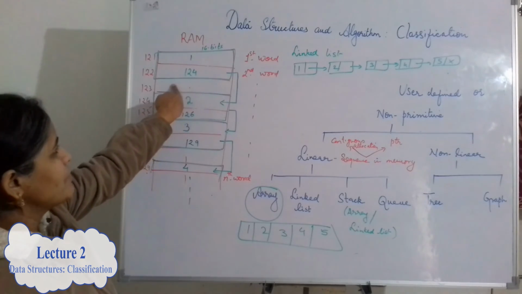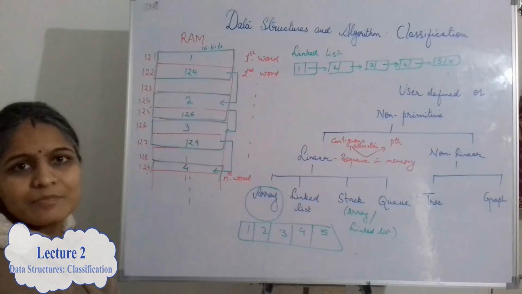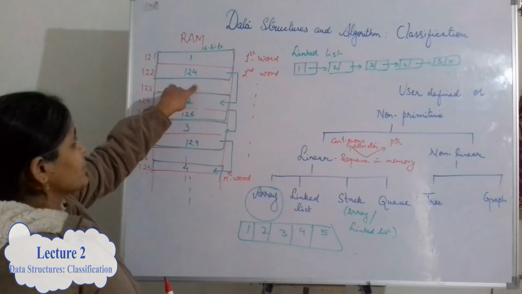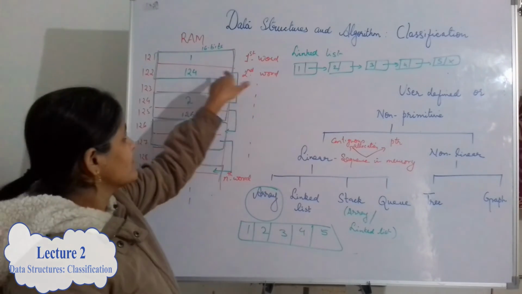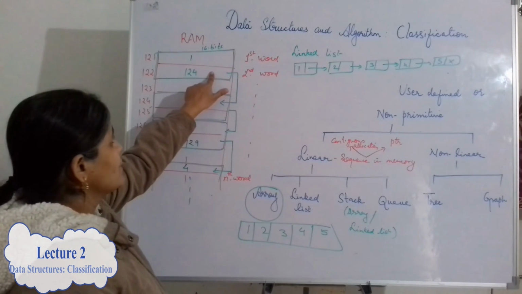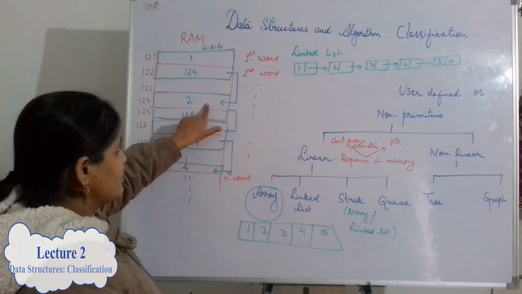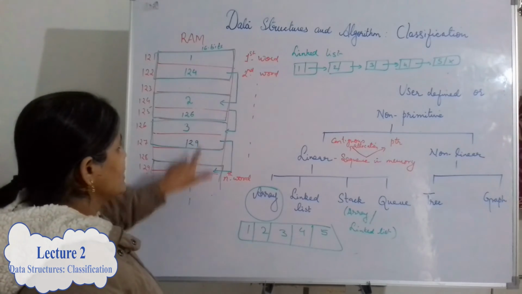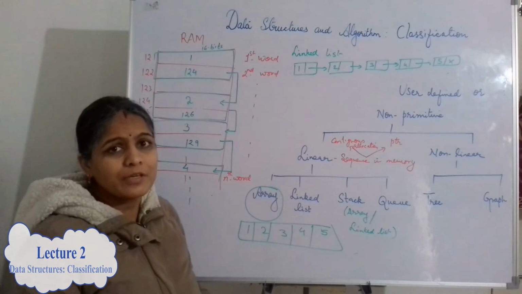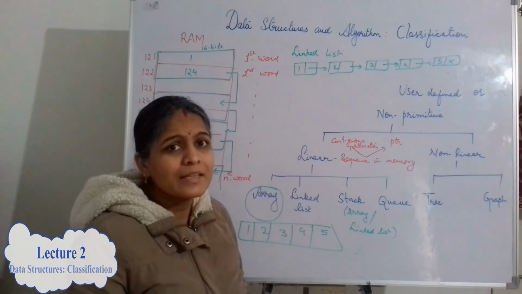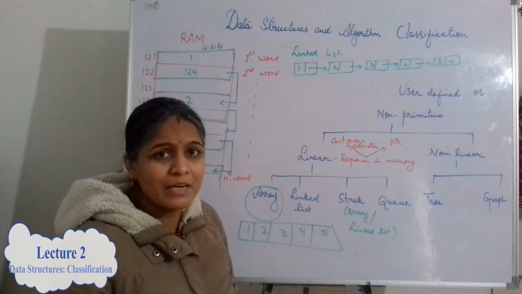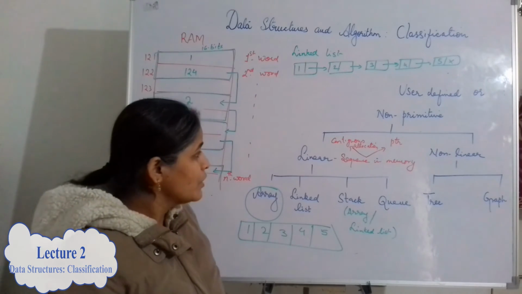There are some empty locations. This is not contiguous memory allocation, but the sequence is maintained with the help of pointers. The first element, then second element, then third element, then fourth element. This sequence is maintained in the form of pointers. That is why this is also called a linear data structure, because the elements form a sequence which is maintained with the help of pointers.